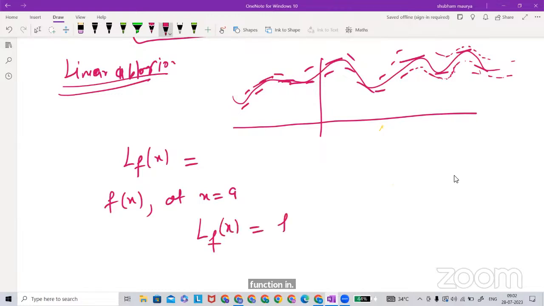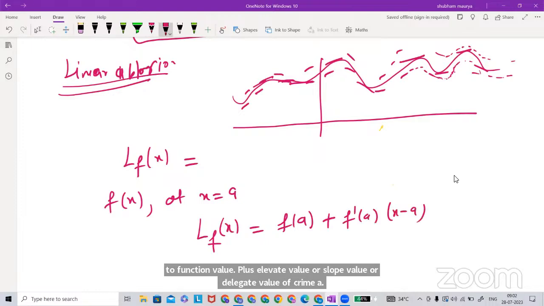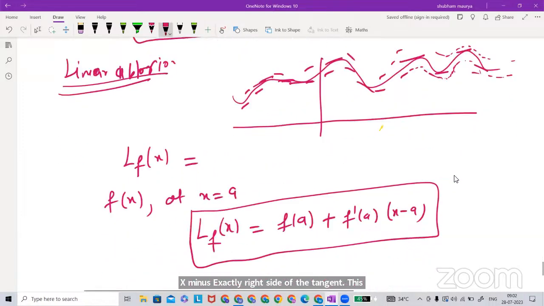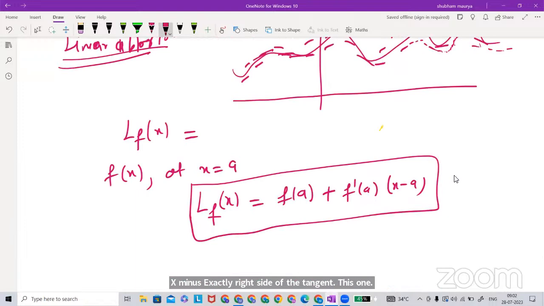This is exactly the right side of the tangent equation, only written in the fashion of a function. This is all about week 2.